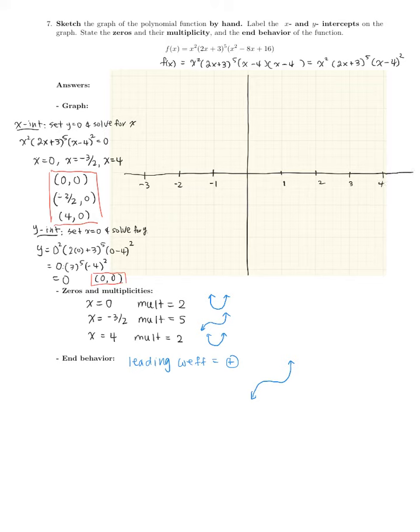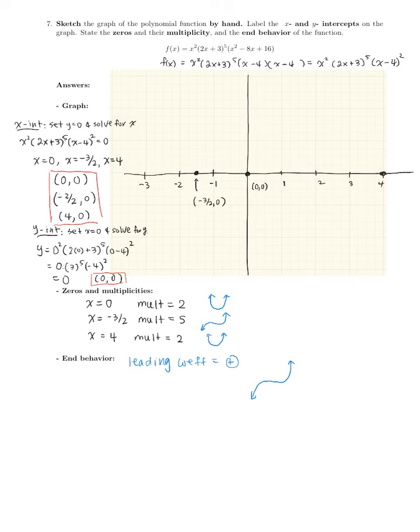Okay, so now let me just jot down all the x-intercepts. The x-intercepts are 0, 0, which is also the y-intercept. And then negative 3 over 2, so that's negative 1.5. So this point is going to be negative 3 over 2 comma 0.